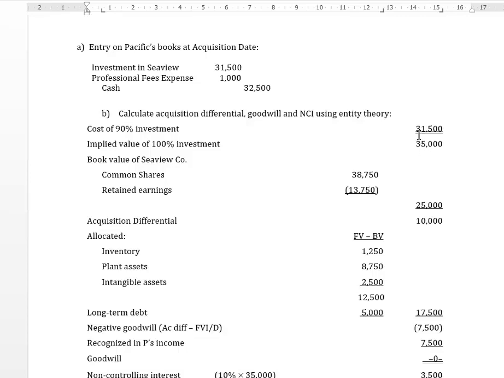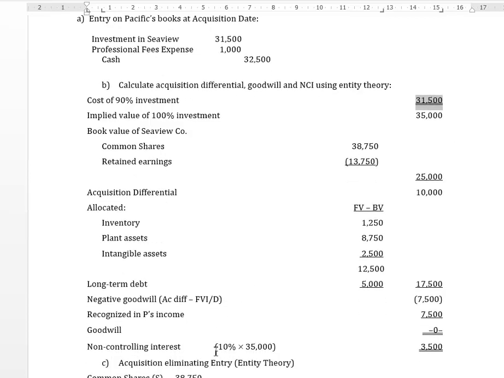In other words, you can't assume under parent company extension theory that just because you paid 31.5 for 90%, you would have paid 35,000 for 100%. They don't believe that. Because under the entity theory, NCI gets its share of that implied value, but those parent company extension theorists don't allocate any of the goodwill to the NCI.